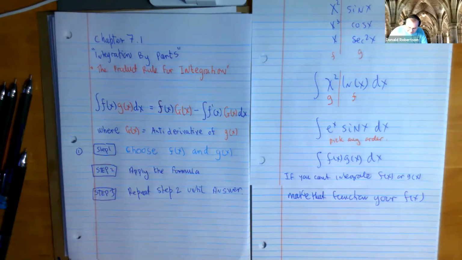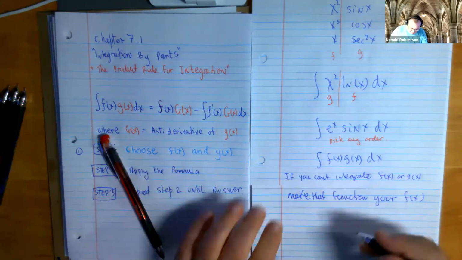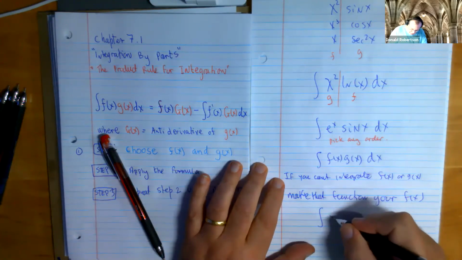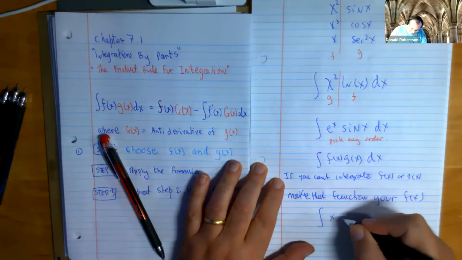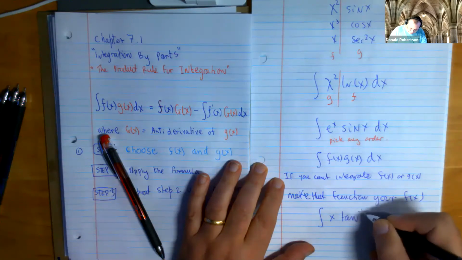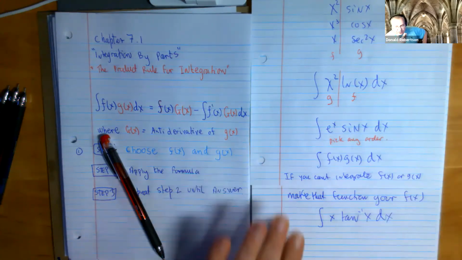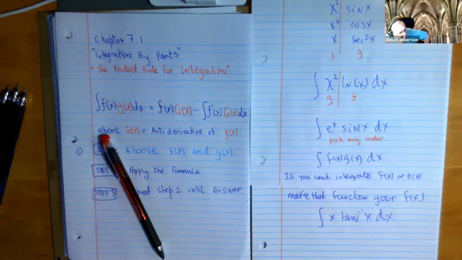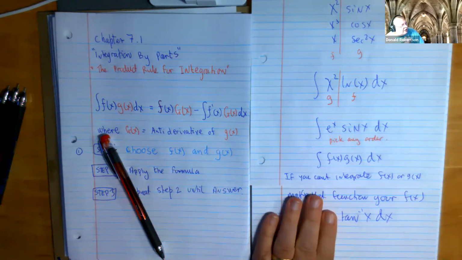So what would that look like? Suppose someone said to you, x inverse tan of x. Do you know how to integrate inverse tan of x? And the answer is no. Right? Doesn't exist.